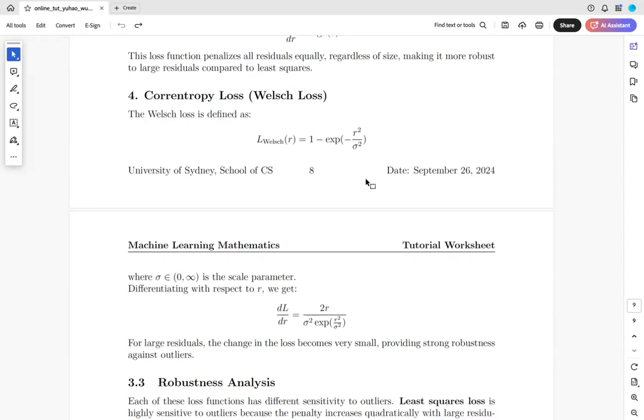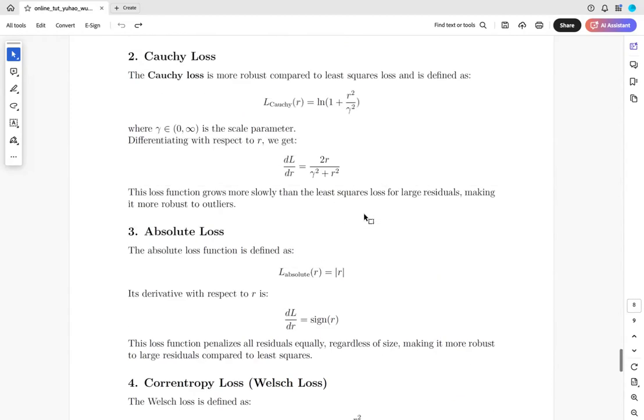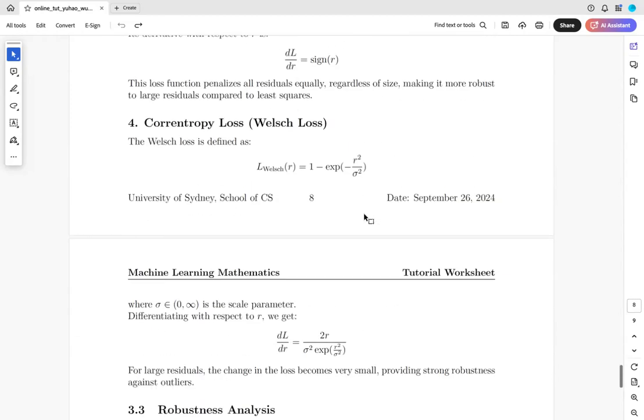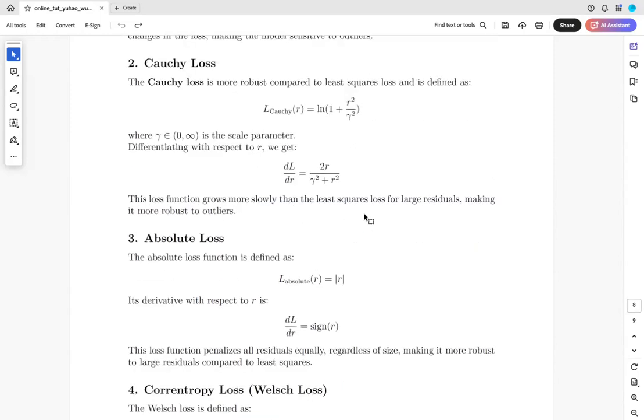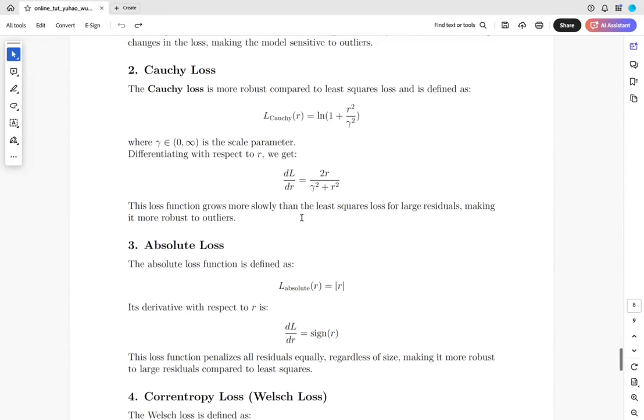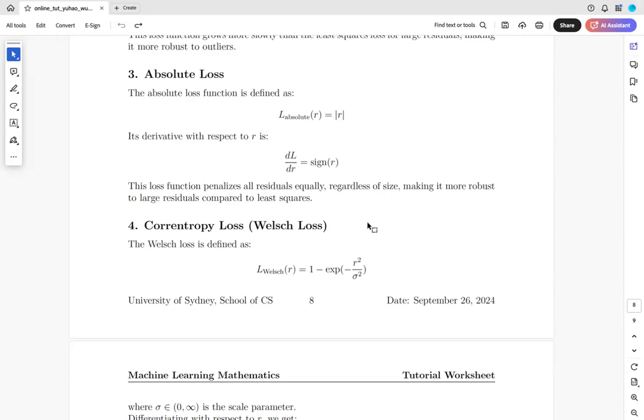I just want to know what's the difference between the Cauchy loss and the cross entropy loss. I guess one of them is controlled and the other is dependent on the variance of the error.